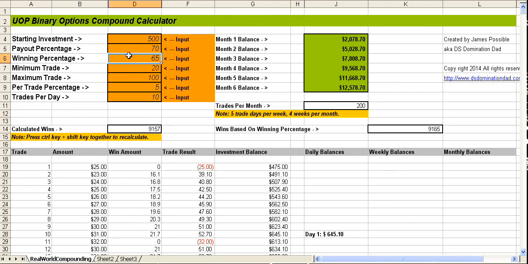So until you're there, put off your dreams of buying your new yacht with your $500 investment. Seriously. Or paying off your house with your $500 investment. Until you can trade 65% wins, 13 out of every 20, you're not going to be paying off your house anytime soon.